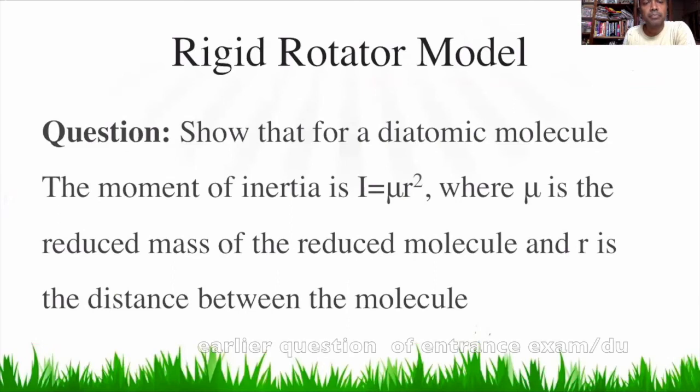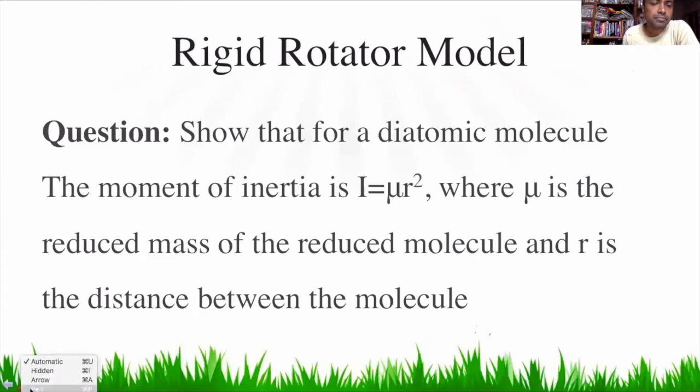So here, let's discuss the rigid rotator model. What is the rigid rotator model? Let's discuss it by considering equations in which you are being asked to show this for a diatomic molecule, meaning two atoms, which looks like AB or A2 or B2.